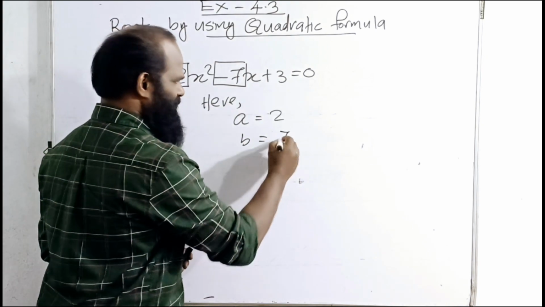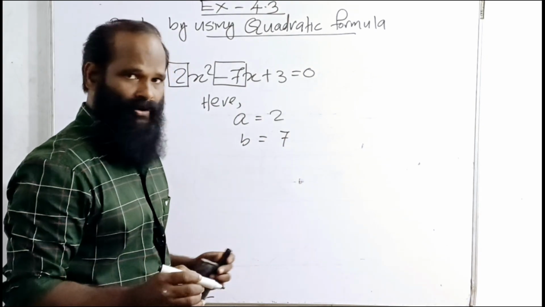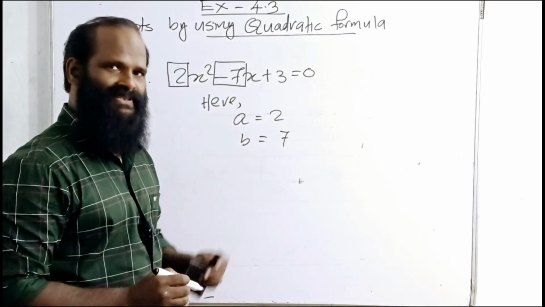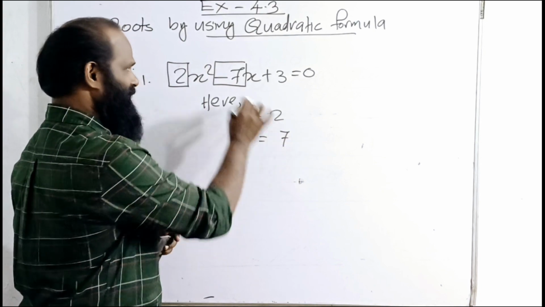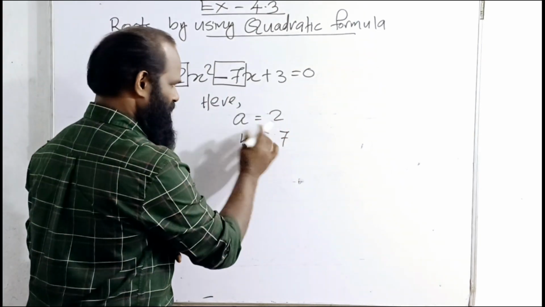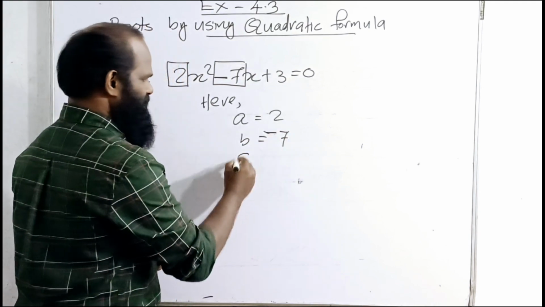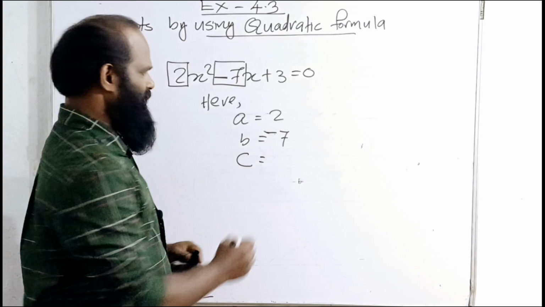If you write simply 7, your solution will be totally wrong. When you consider a number, its sign should also be taken into account. So 7 is not simply positive 7, it is -7. That should be shown here, -7. And c, we know, is the constant term.